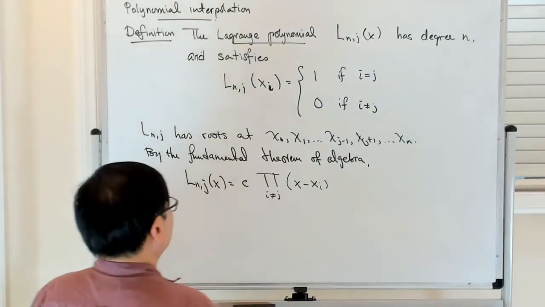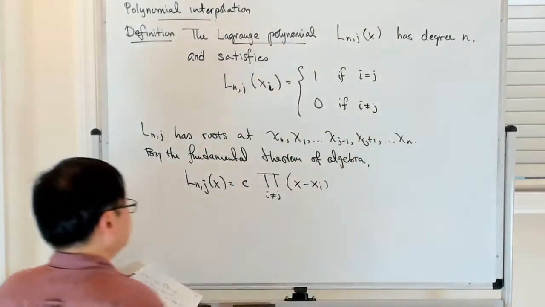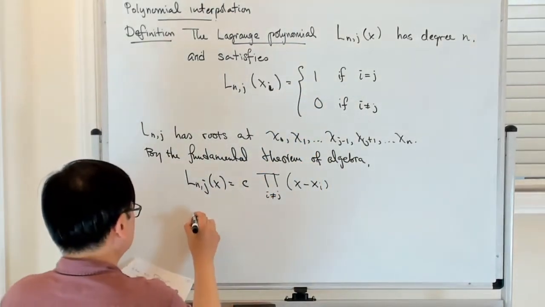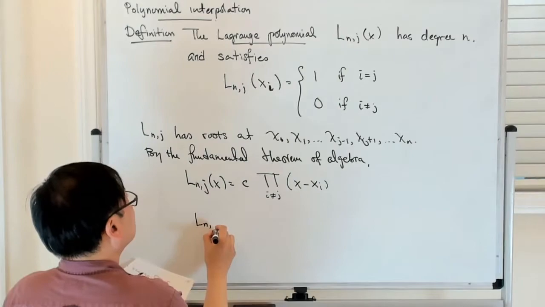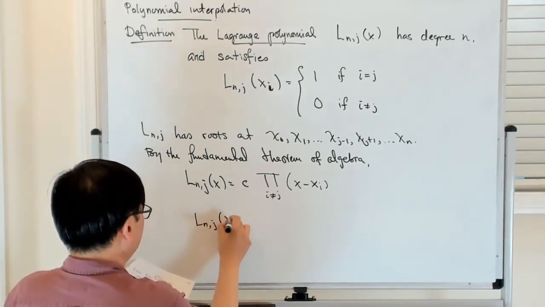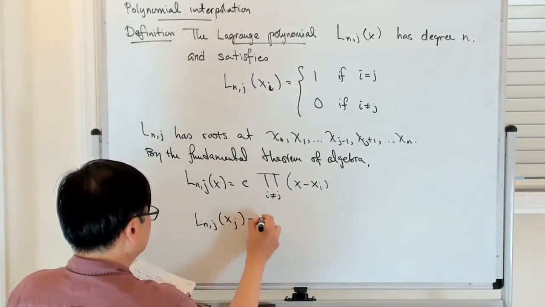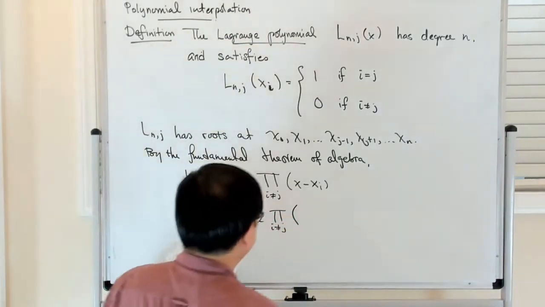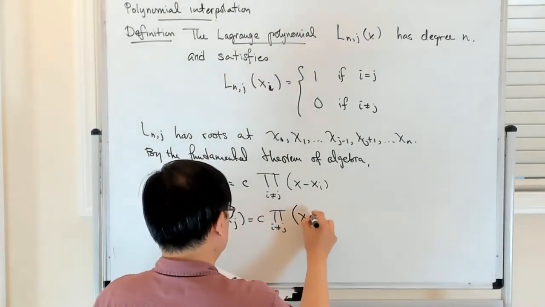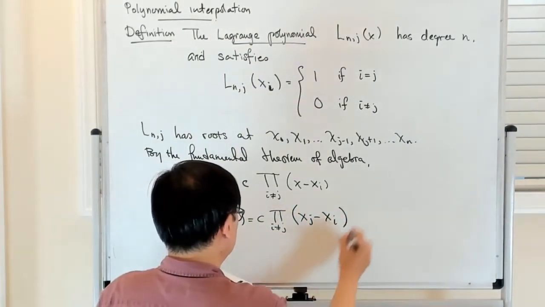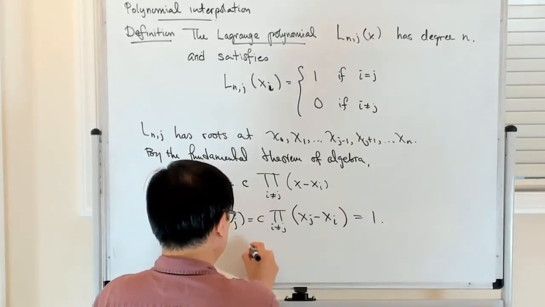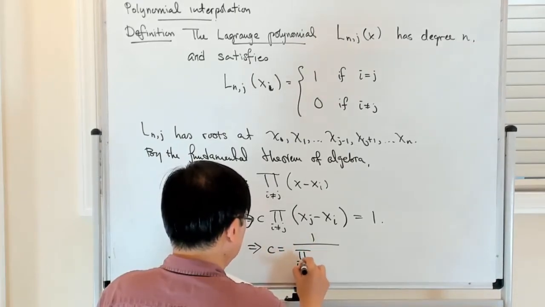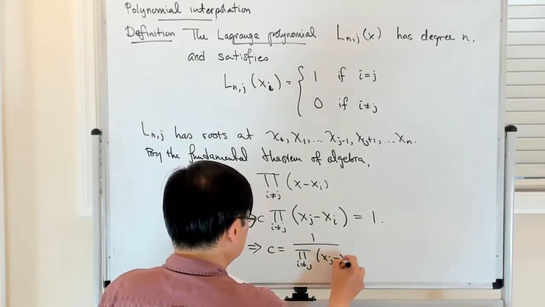I've used the condition where it's 0, and I have one additional condition, which is that it's 1 if i is equal to j. So Lnj at xj is equal to c times the product over i not equal to j of xj minus xi. But this is equal to 1, which means that c is equal to 1 over the product over i not equal to j of xj minus xi.